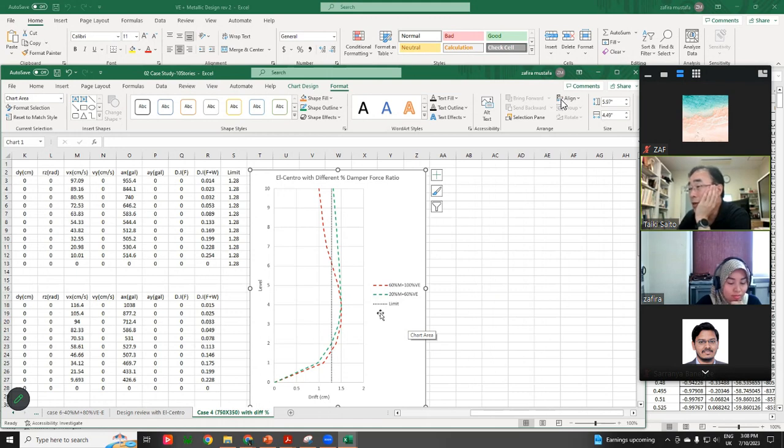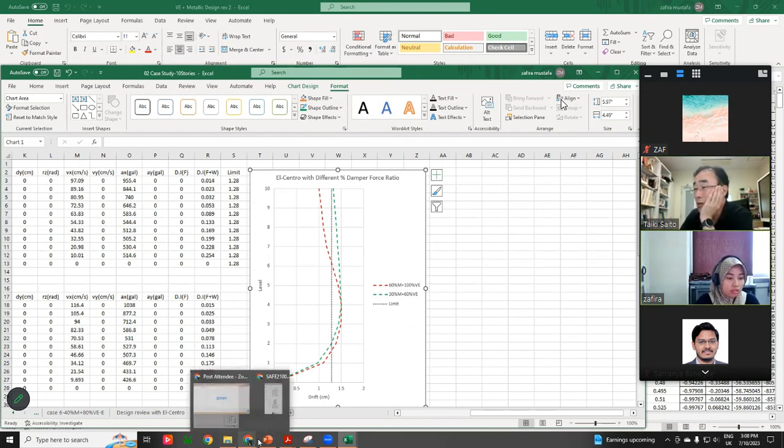And in the case of 60% metallic and 100% viscoelastic, is the metallic damper yielding or in the elastic range? I think it's still, can I try here? Let me open the model.